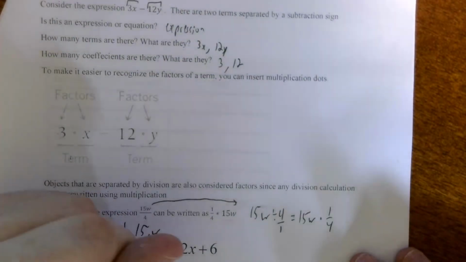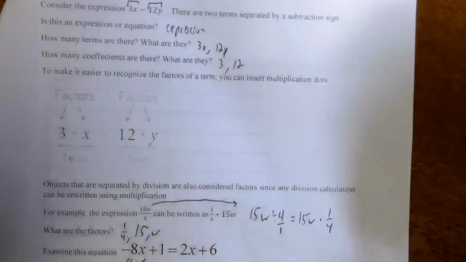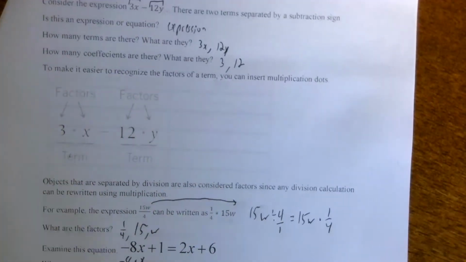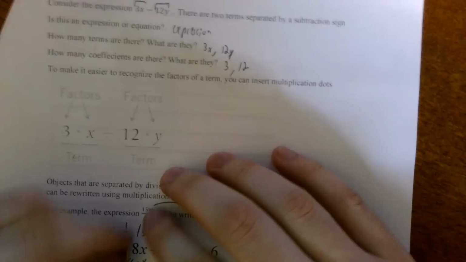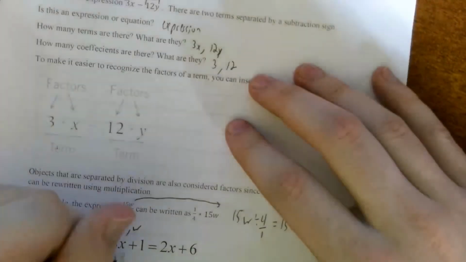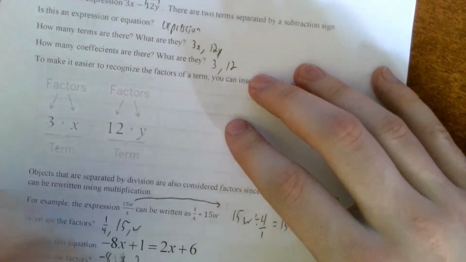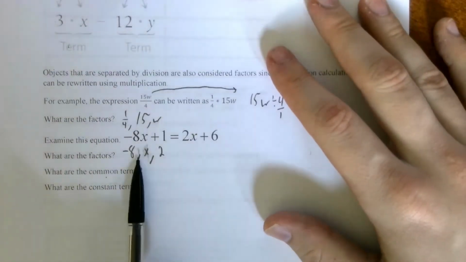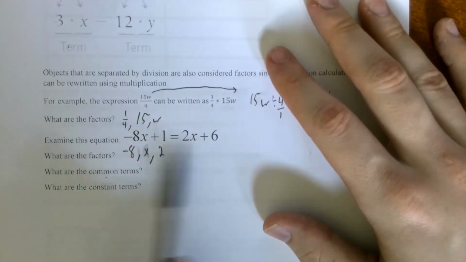So those are factors. And what else am I multiplying together? Well, another one, I'm multiplying 2 and x together. So I'll just write negative 8x and 2. We could write x again, but we don't have to because it's already in there, right? It's the same thing. They're both x's.